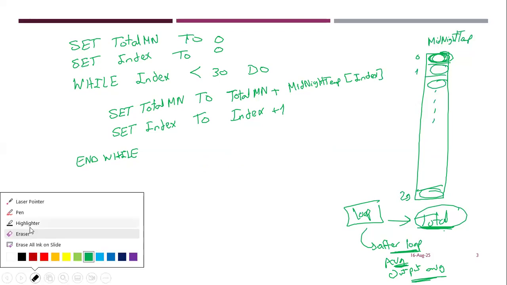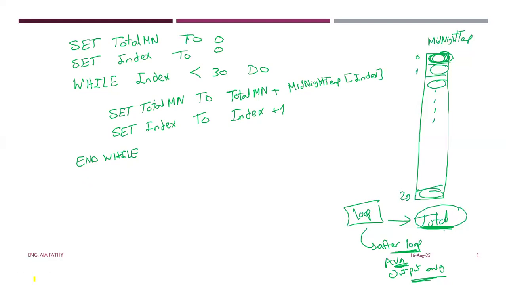So as we said, you will set average midnight to total midnight divided by 30. Okay, and then we will display or send the average to display.